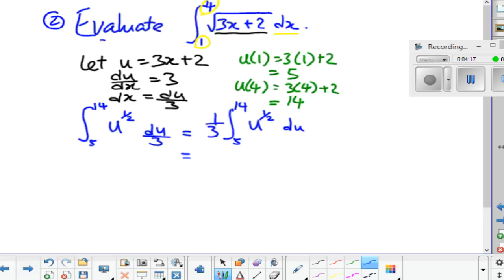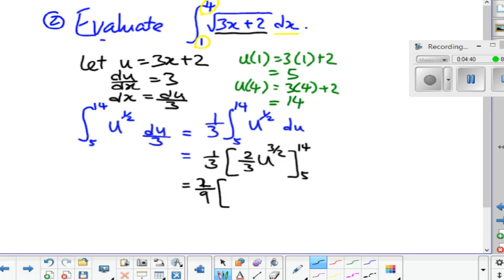So this one is relatively straightforward. So the answer here is u to the power of 3/2 divided by 3/2, or times 2/3, evaluated from 5 to 14. So now the 2/3 here is a common factor, so it's actually just going to be 2 over 9 out here. u here will be 14 raised to the power of 3/2 minus 5 raised to the power of 3/2.